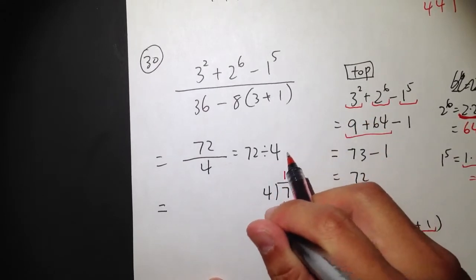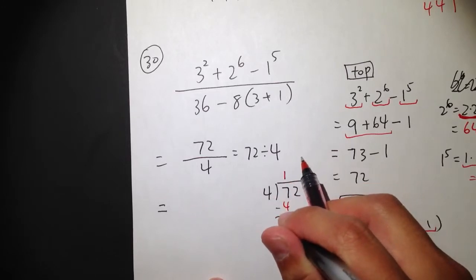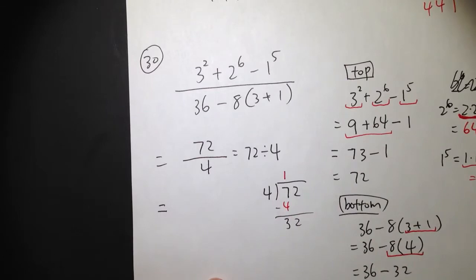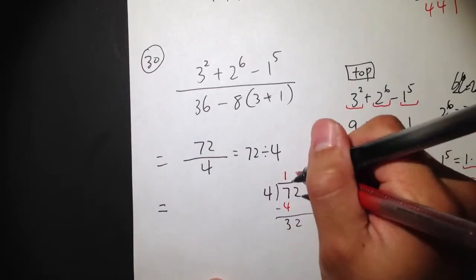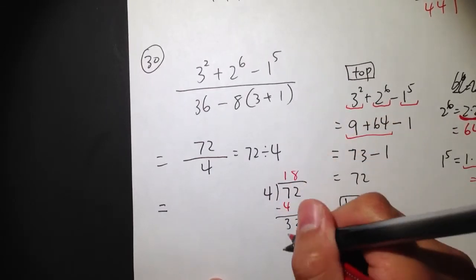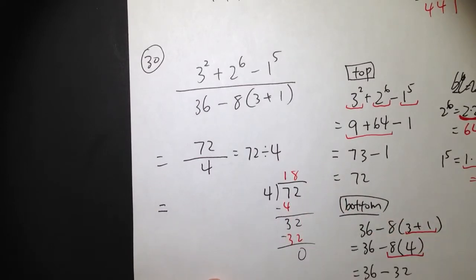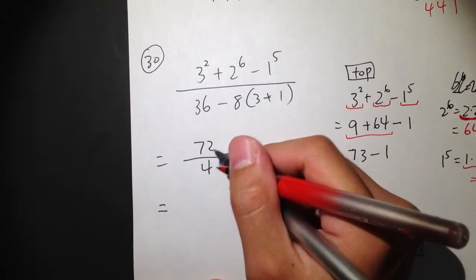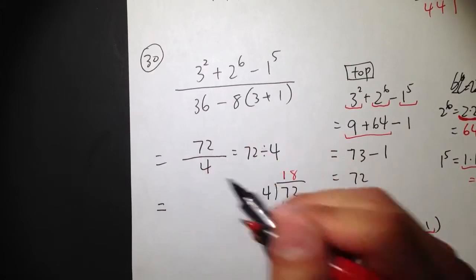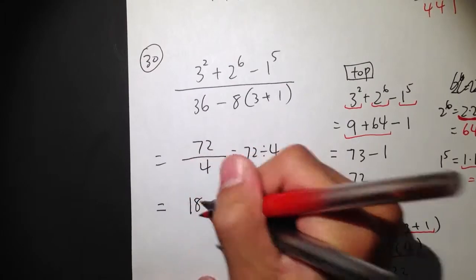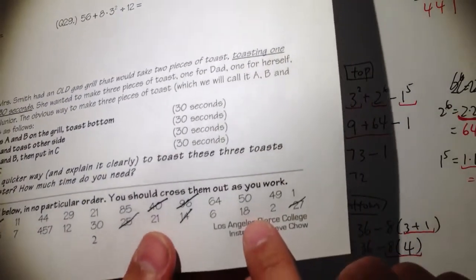You subtract, 7 minus 4 is equal to 3. Then bring down the 2. 4 goes into 32 8 times. 8 times 4 is equal to 32. You subtract, you get 0. So 72 over 4, the answer is 18. And 18 is right here.